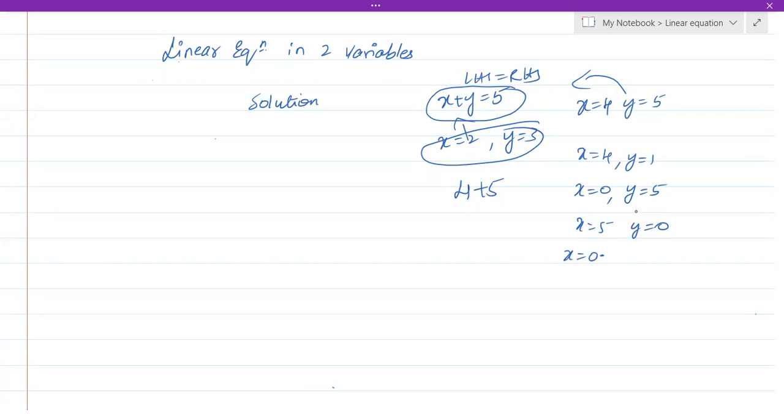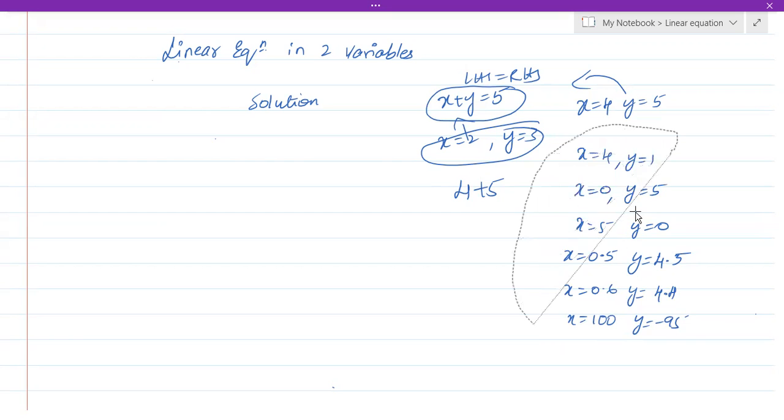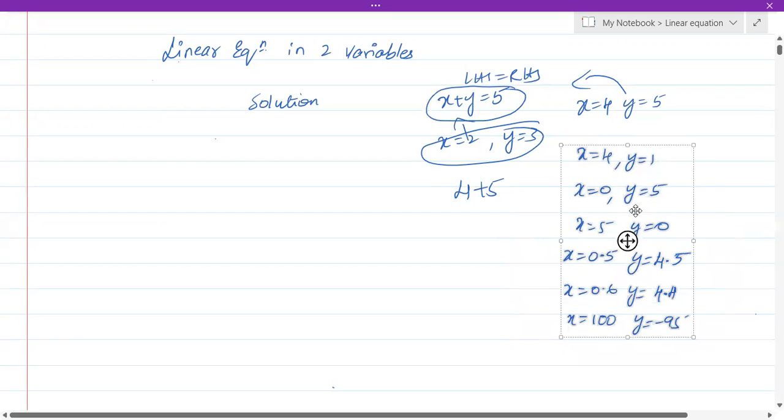Or x equal to 0.5, y equal to 4.5, or x equal to 0.6, y equal to 4.4. All these are solutions. There are so many solutions that you can find. Or for example, x equals 100, y equals minus 95. You can keep doing this. So if we consider only one linear equation, we can find infinite solutions.